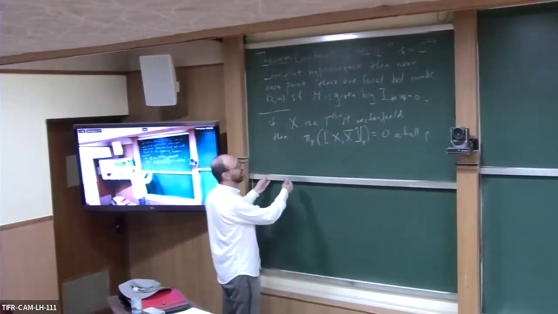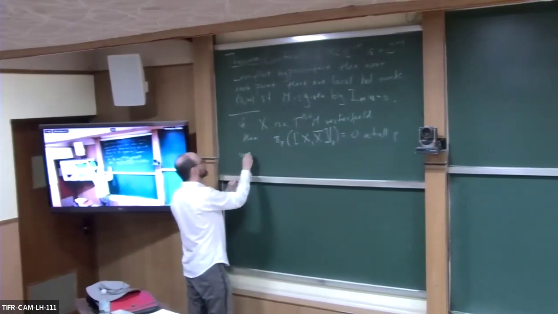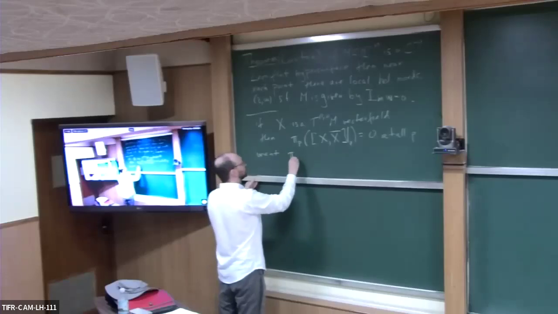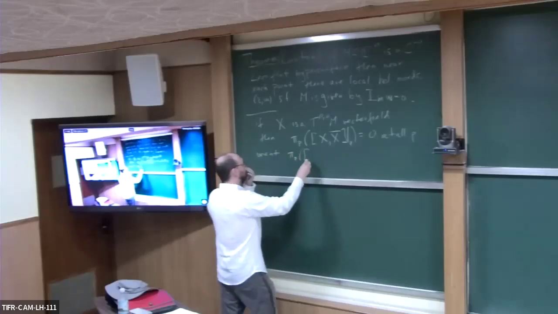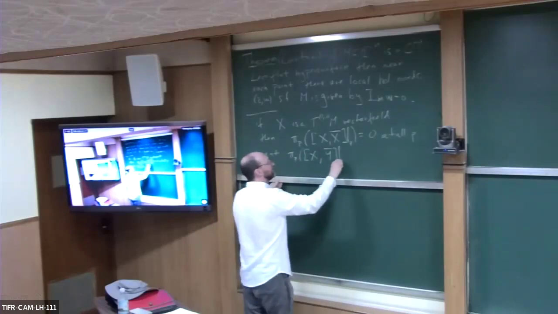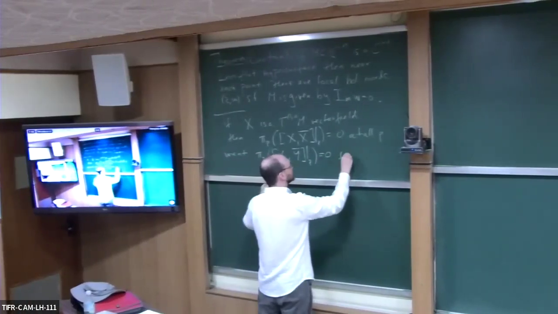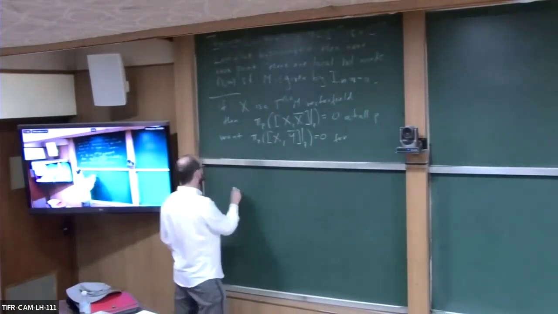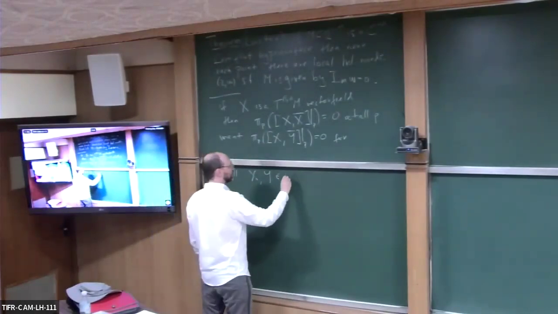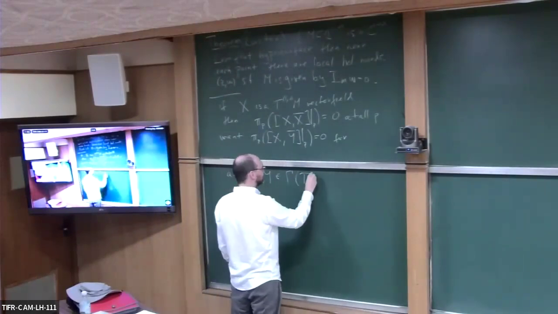So first, we don't just want this. We want that P 1 0 for X line sections, so all vector fields.